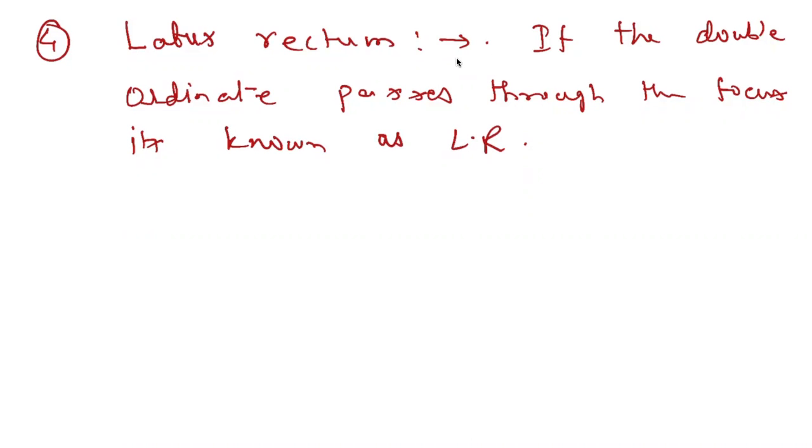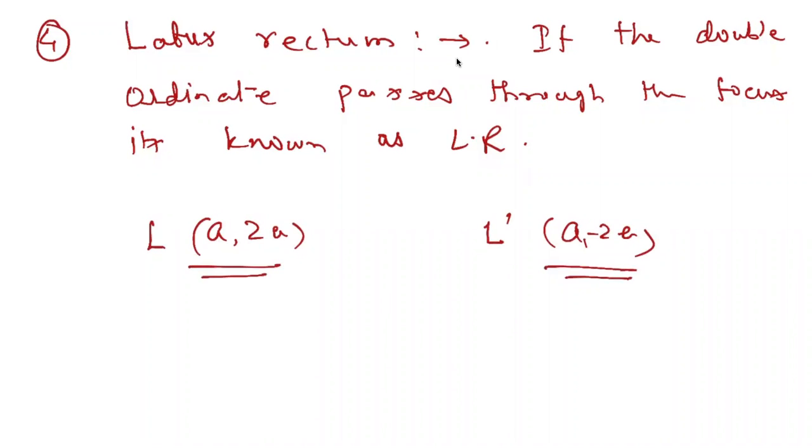So we can see that for the focus, the x coordinate will be a. So these points are a comma 2a and a comma minus 2a. These are known as the end points of LR, the latus rectum.